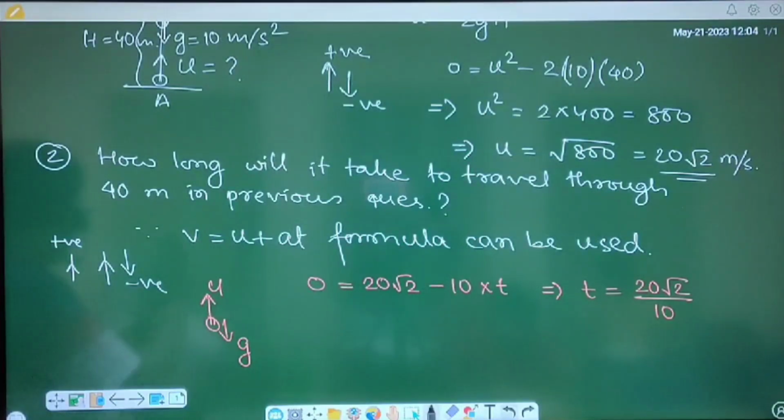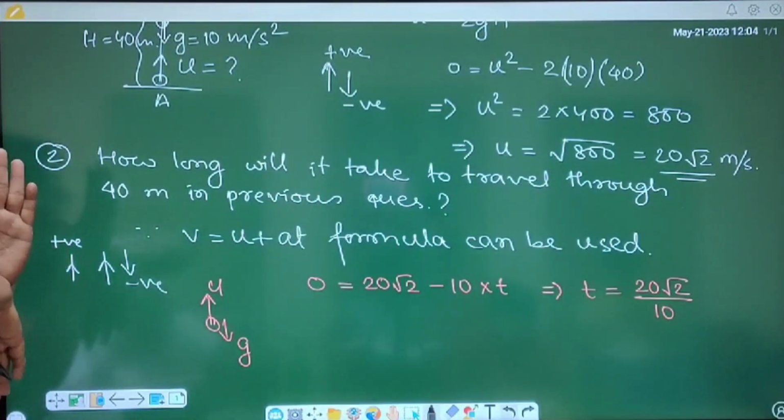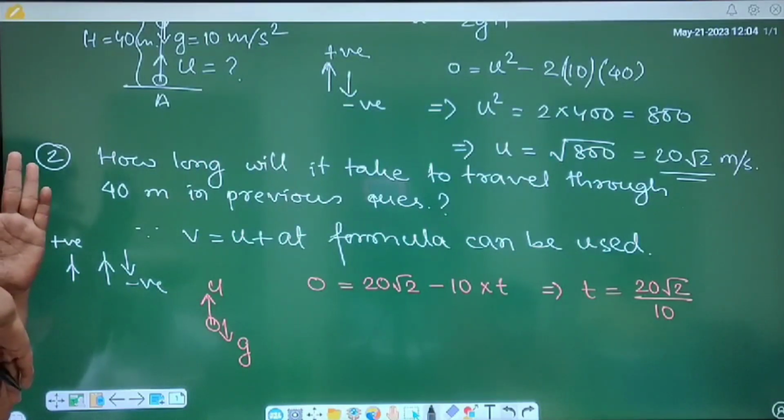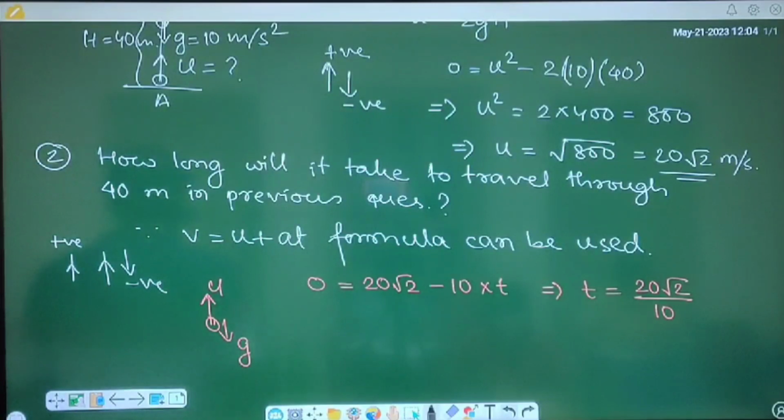So if I take upward as positive, then those vectors in the formula with upward direction will be taken positive, and the one opposite to our conventional direction has to be taken negative. So g is acting downward, so g should be written with the negative sign, that's why minus 10.